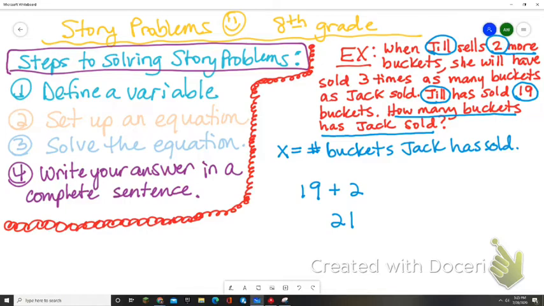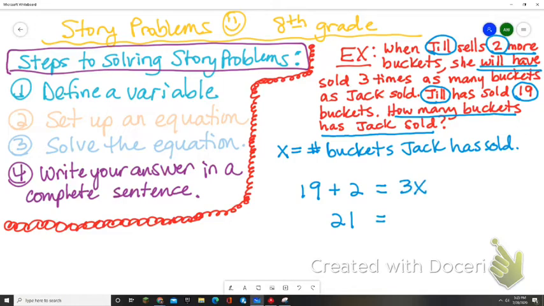So we need to look for where the equal sign is in this problem. Is means equal, and I don't really see the word is. So "she will have", that's your equal sign. So Jill starts with 19 buckets. She sells 2 more, which gives her 21. When that happens, she will have sold 3 times what Jack has.